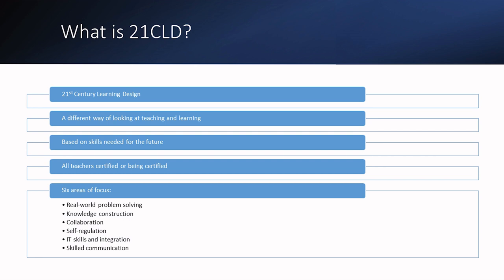Working collaboratively is another dimension of 21st century learning design. Not just little group work, but interdependent group work. And how do we manage that? How do we learn to work with groups, which is sometimes quite challenging? Self-regulation involves pupils having to plan their own time and manage their own project in a much more flexible framework than traditional learning.